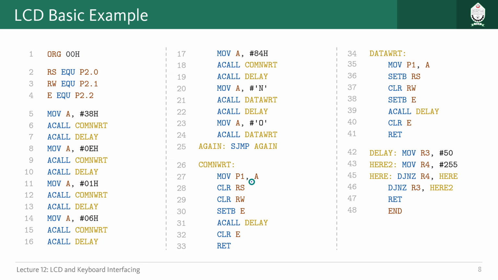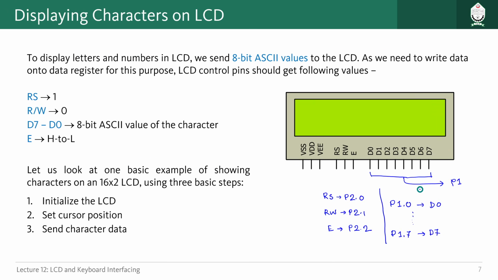So this one, you see, what we are assuming here is whenever we go into this subroutine, we already have the data we want to send to our display stored in register A, and that will be sent to our port 1. We looked at the connection that port 1 is connected with the 8 pins of the LCD, the data bus of the LCD.